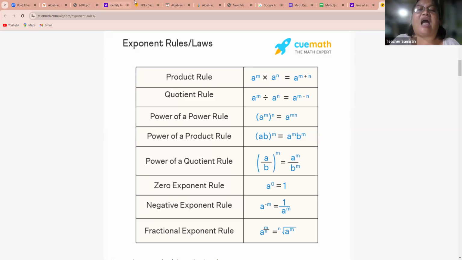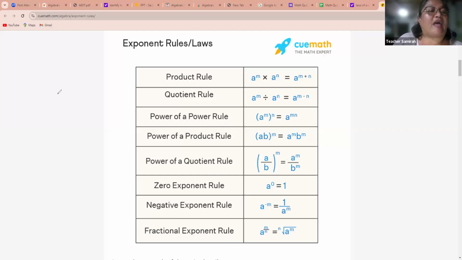Okay, I will have to give you an example and then you will have to give me the answer. Okay, how about this one? I'm talking about a product rule here.